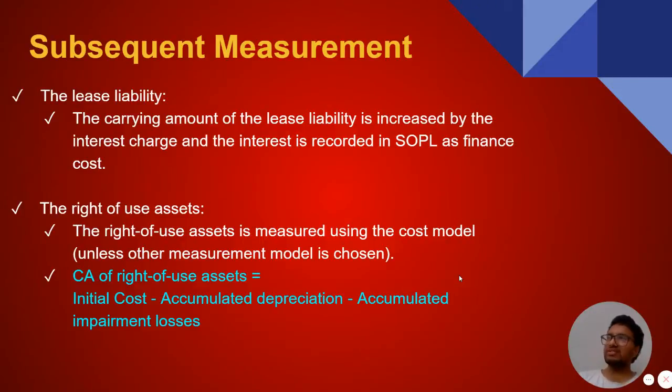In case of right of use assets, if it is measured using the cost model, it will always be depreciated. The carrying amount of right of use assets will be initial cost minus accumulated depreciation minus accumulated impairment loss as well. So it should be impairment tested as well.